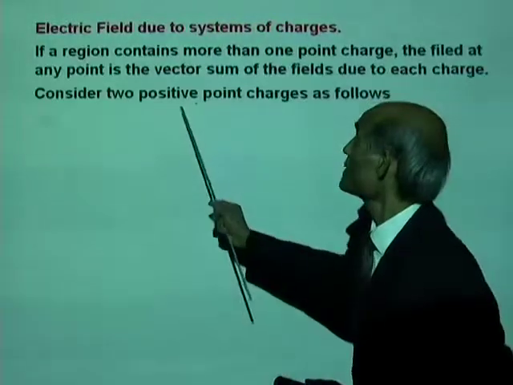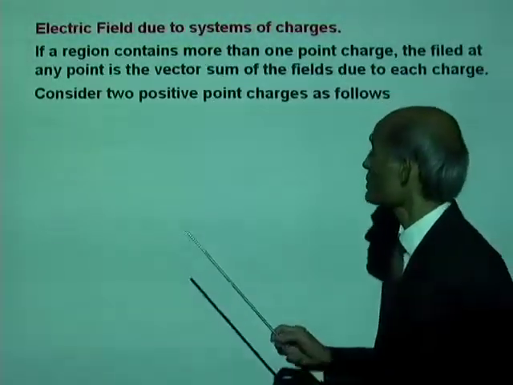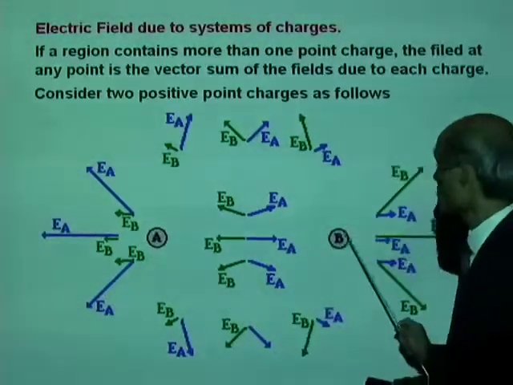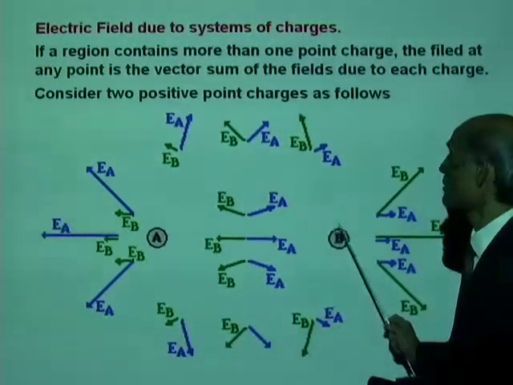Alright, consider two positive point charges as here. A is a positive charge, B also is a positive charge.